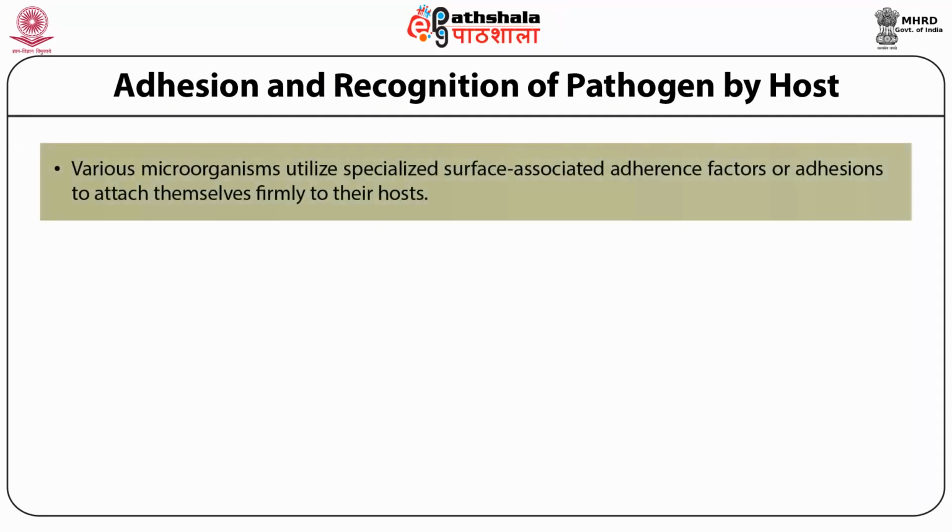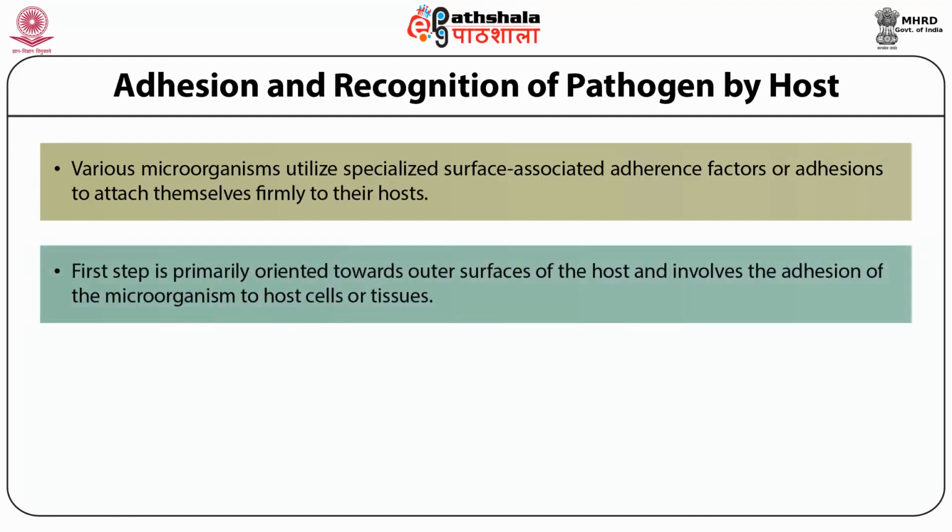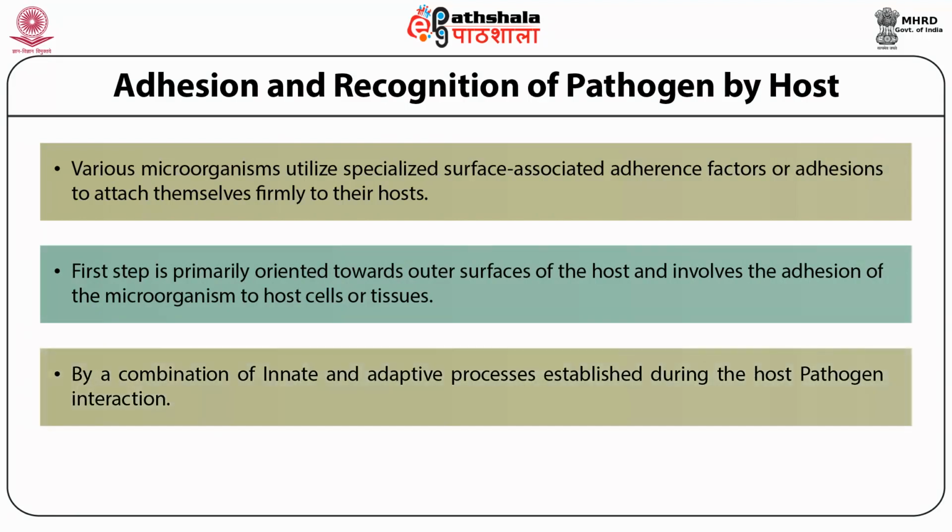Various microorganisms utilize specialized surface-associated adherence factors or adhesins to attach themselves firmly to their host. However, the first step is primarily oriented towards the outer surfaces of the host and involves the adherence of the microorganism to host cells or tissues. Through a combination of innate and adaptive processes, they are established during host pathogen interactions.